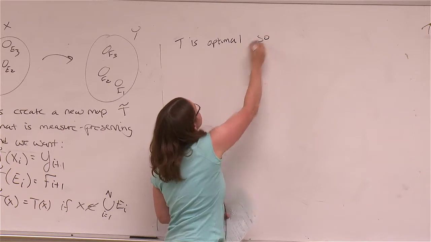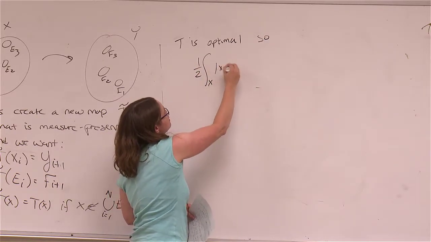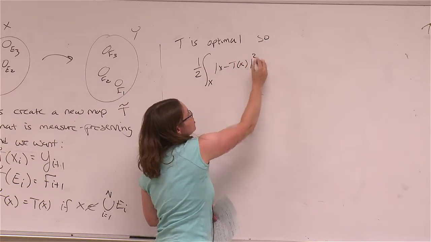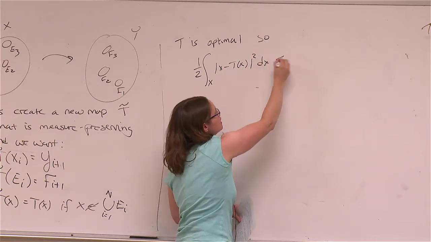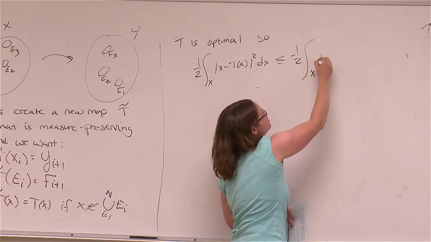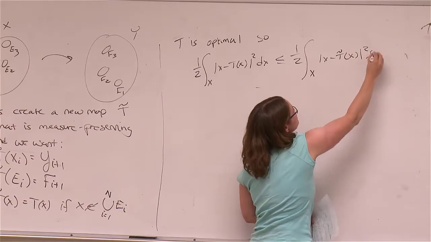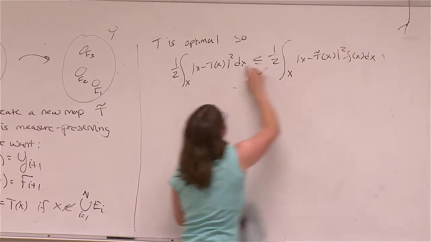So we know that if I look at the cost with the map T, it's going to be less than or equal to my new cost with the map T tilde.